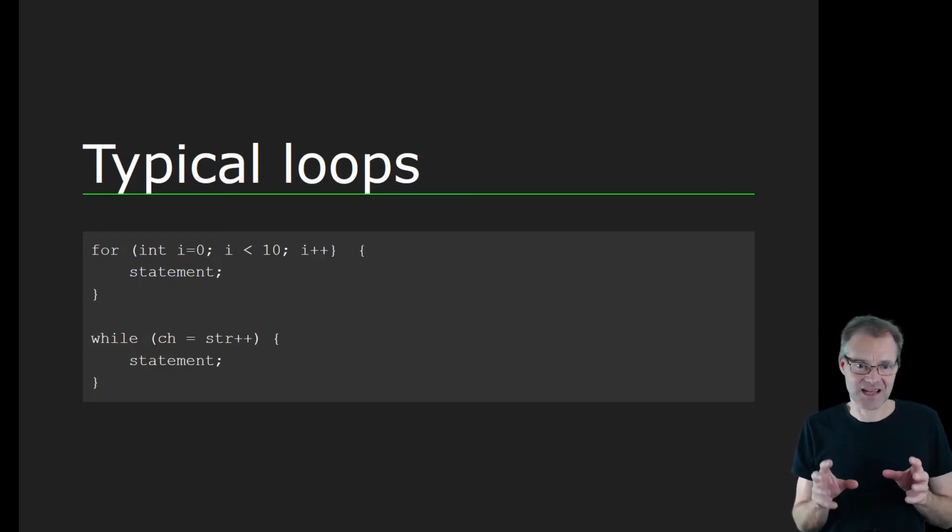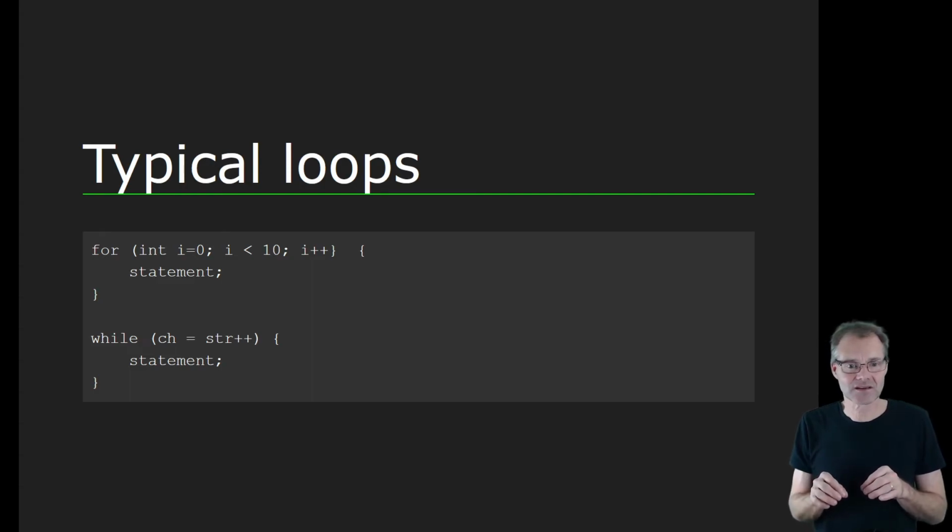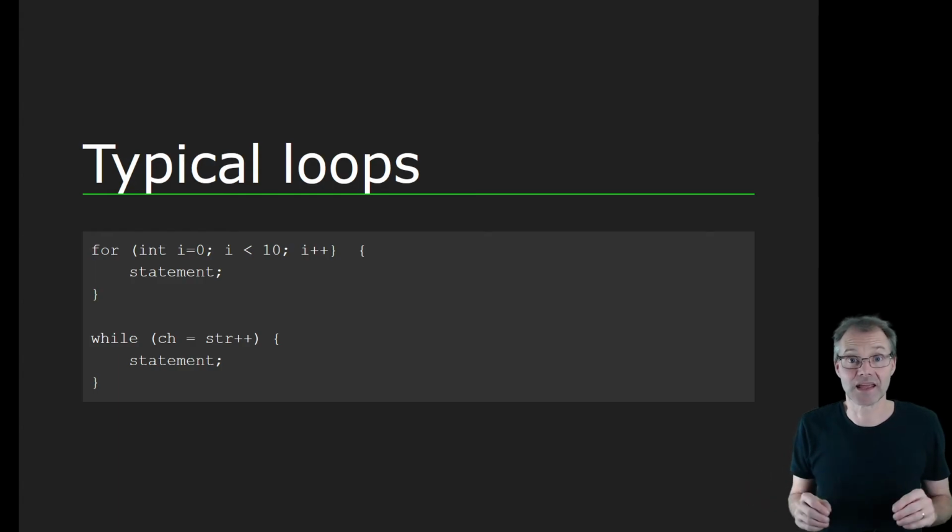So this is an assignment, perhaps assigning the value of the string to the character for each loop. So maybe this could be trying to calculate the length of a string or something like that.